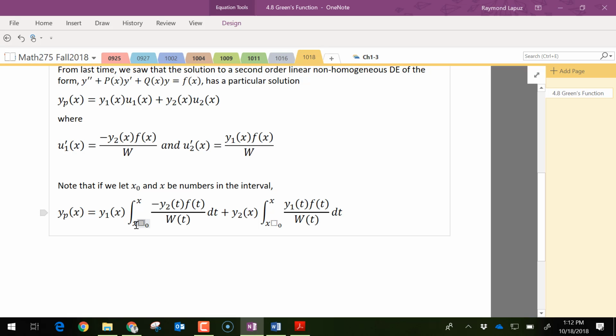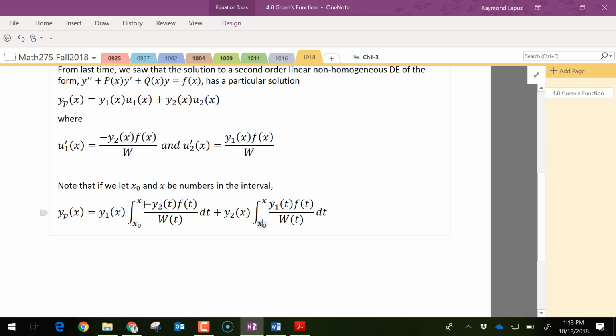So now, what they do here is they kind of put this together. And normally we would have an indefinite integral here. But since we're looking at initial conditions, we can look at this as if it was a definite integral.